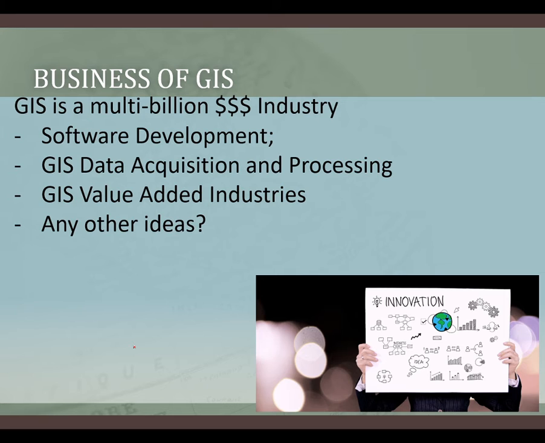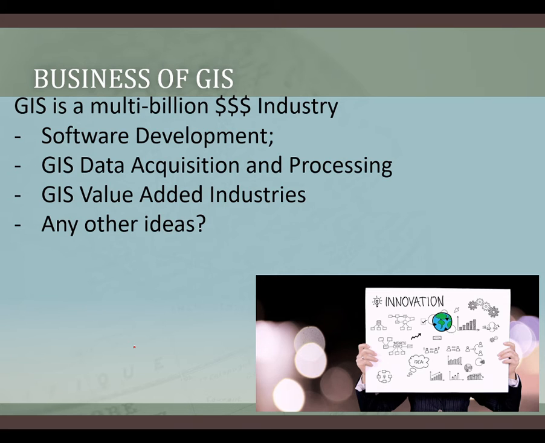And then comes number three, and this is probably the one that you can invent the most and work most on. What's the value added to industries? For example, let's talk about the pizza people. They want to deliver their pizza the fastest way possible before the pizza gets cold. So is there a value that we can add as GIS with an application that will help the pizza people deliver the pizza with no traffic and in the fastest way possible?